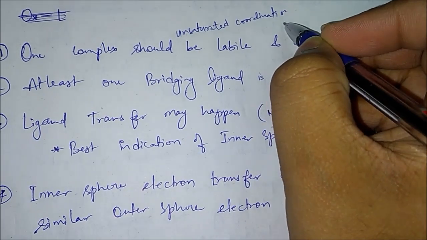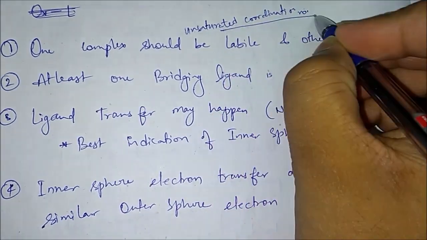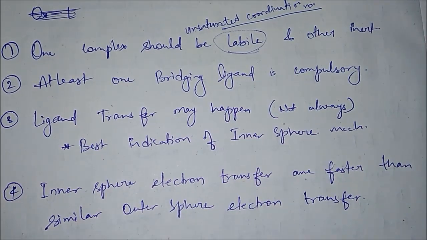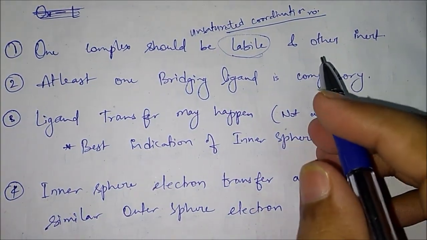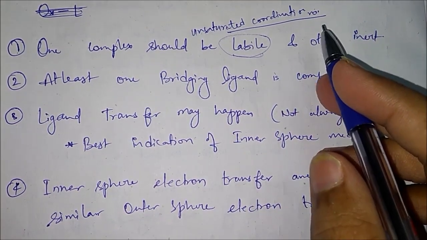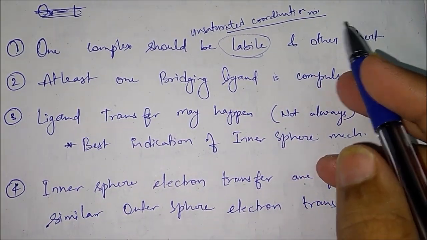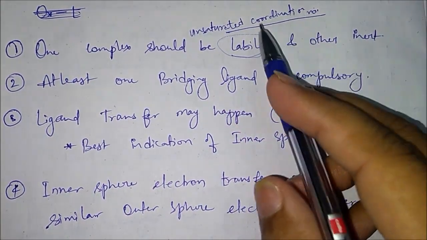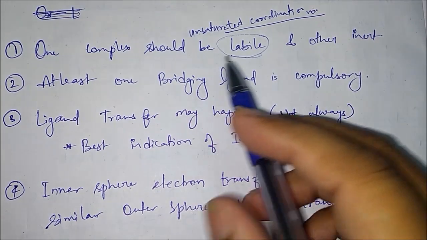So these two things are important: either it should be labile or it should have an unsaturated coordination number. That means if it is capable of joining with 6 ligands, it should join with only 5 or 4. Then it is called an unsaturated coordination number.